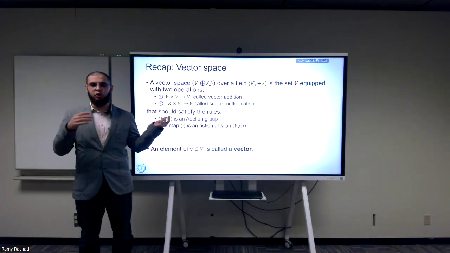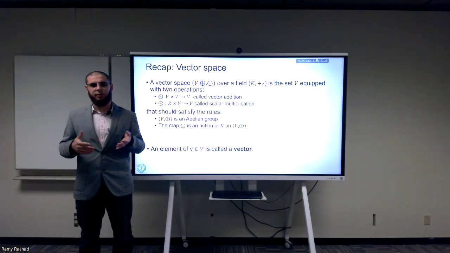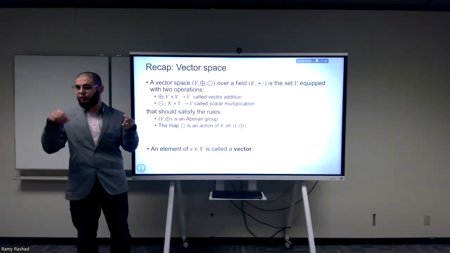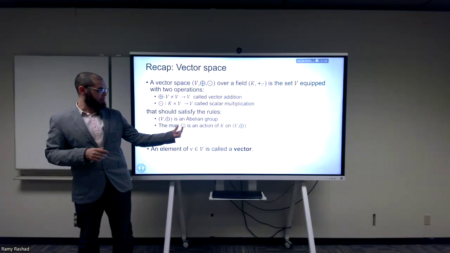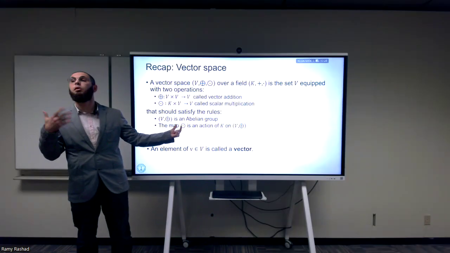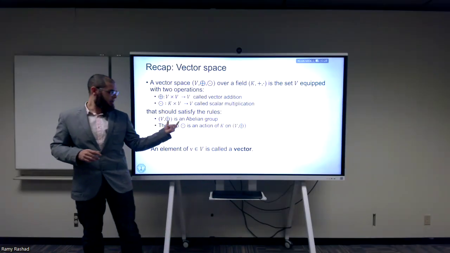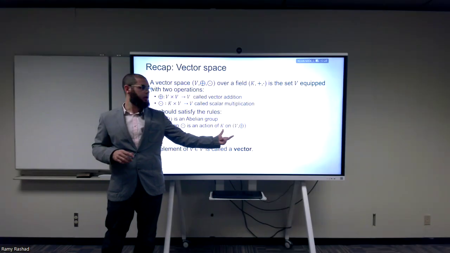You don't need to memorize them. Once you work with them a lot, you know exactly what an abelian group is, and you can always go back and check what the conditions are. So this is just the short version of it. And also the map, which is the scalar multiplication, should also satisfy some conditions, and all of these conditions you can just summarize by saying that this map is an action of the field on this group. Okay.